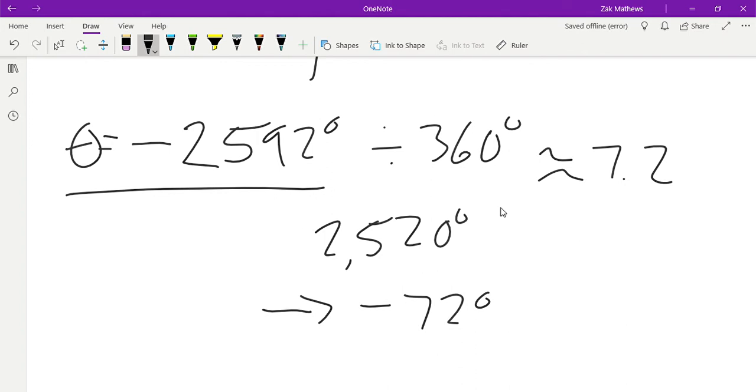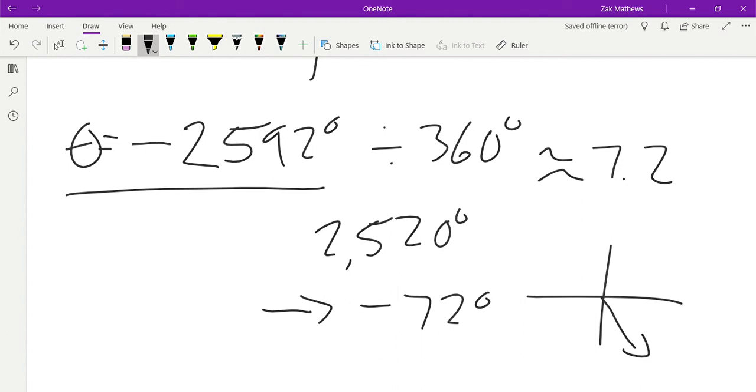So what this tells me is I've gone 7 full rotations, a lot of circles backwards in the negative direction, and I ended up 72 degrees past where I started. So if I were to sketch that, that would have to be down here in the fourth quadrant, negative 72 degrees. And so that would be my terminal side.